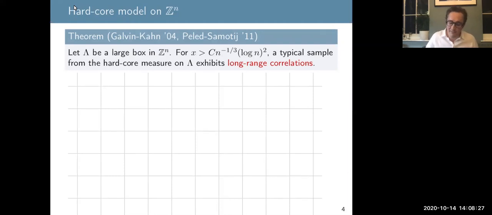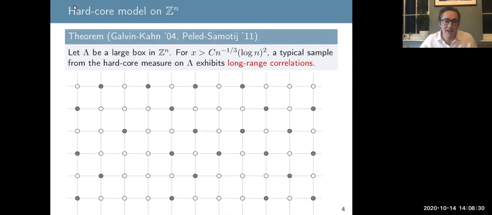So this is a very informal statement of what they prove, but let me give you a flavor. So here's a picture of maybe some independent set in Z^2. These gray dots I want you to think of as vertices in my independent set, and white dots as vertices out of my independent set. And by long-range correlations, I want you to think of them as starting to correlate with one of two sublattices, the even and the odd sublattice.